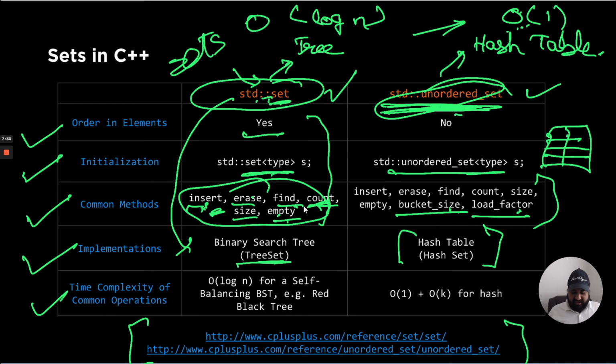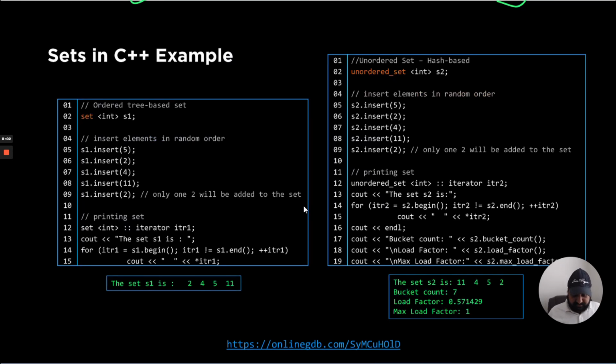Time complexity is O(log n) for a self-balancing tree, so since it's backed by a red black tree, most operations will be of the order of O(log n). For the unordered set, since it is backed by a hash table, most operations will be of the order of O(1) plus O(k), depending on your hashing function, which we are going to describe in the next set of videos.